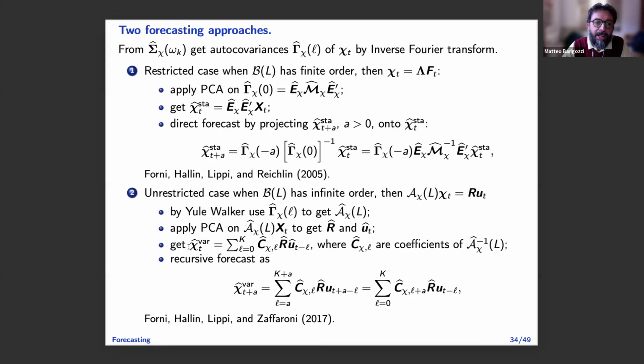Put everything together. This is an autoregressive model. You rewrite it as a moving average. So that will be an infinite moving average. You truncate at some lag K, and you get your estimated common component, which I call VAR because it's based on a VAR representation. And then you can do recursive forecast because this is a moving average, and this will be the forecast that you get.